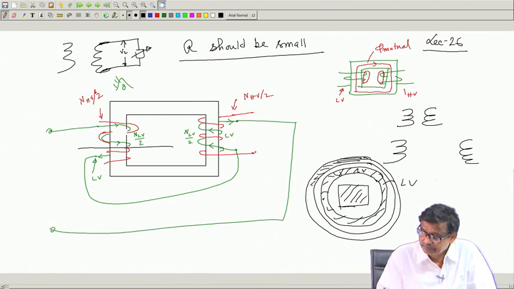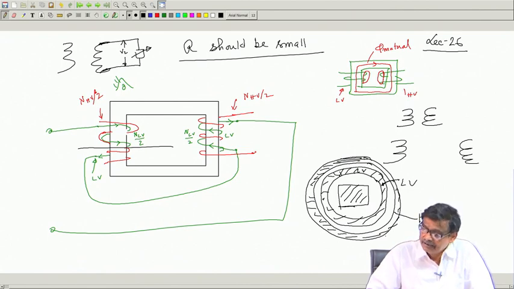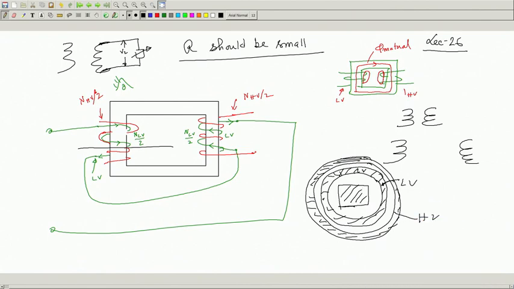Like that. So, this is HV and this is LV. This inner one is LV, outer one is HV. Therefore, the leakage flux will be reduced to a great extent.